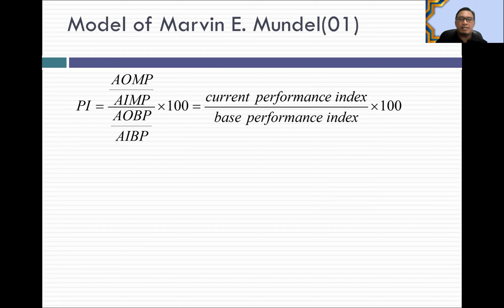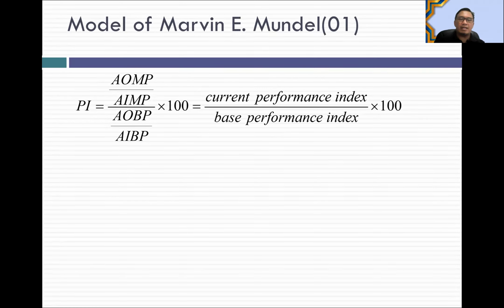PI is AOMP by AIMP divided by AOBP by AIBP. What is AO? AO is aggregate output, and AI is aggregate input. MP is measure period, BP is base period.